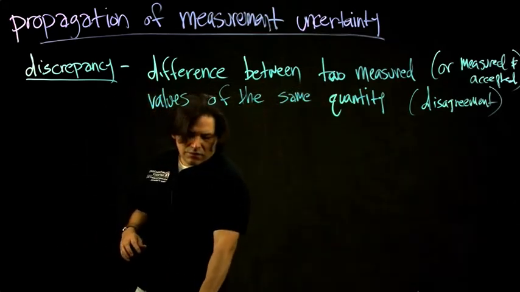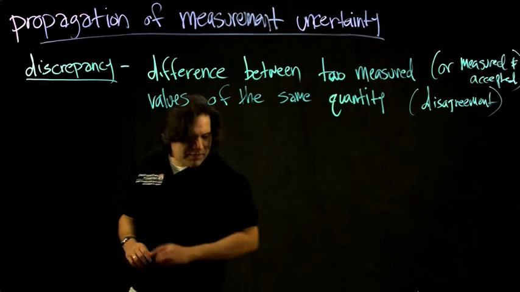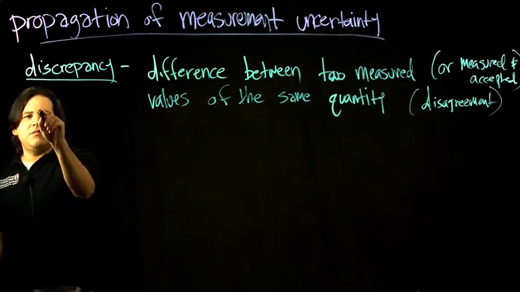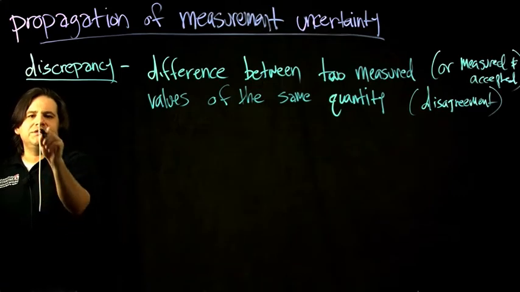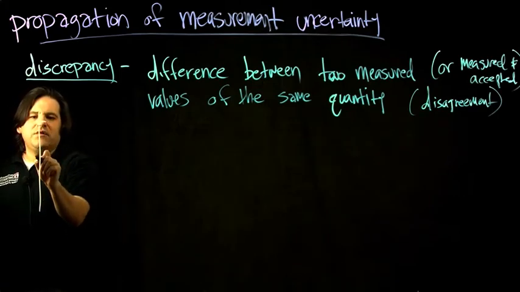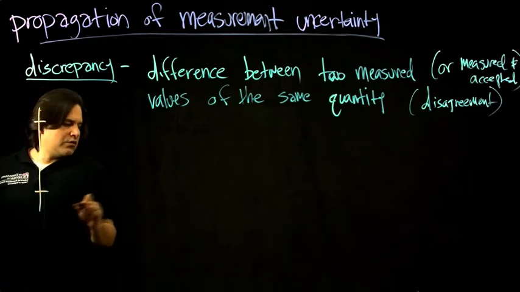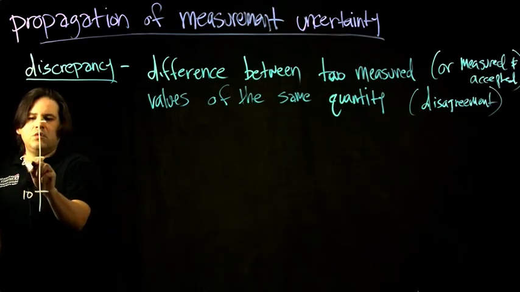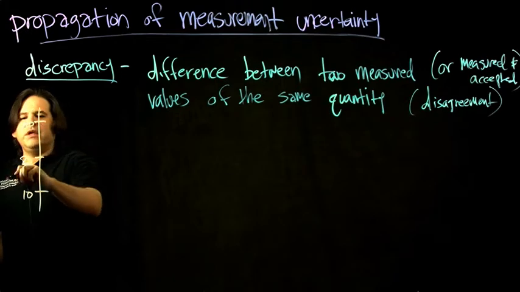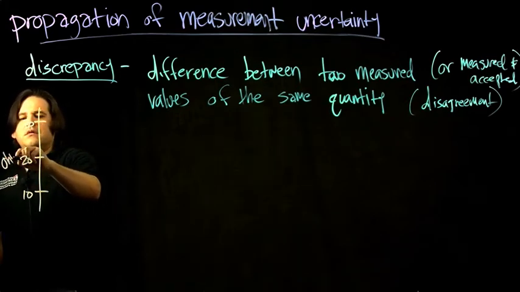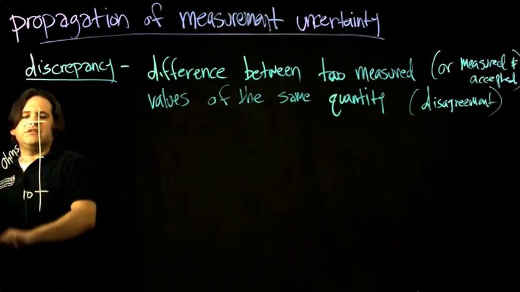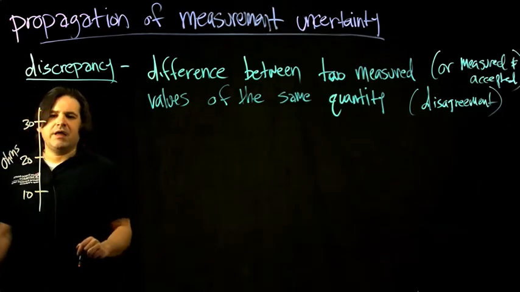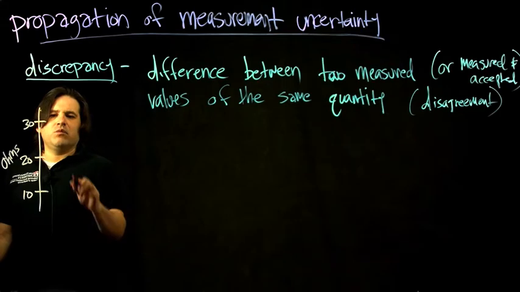You can think of many examples of that, but let's talk about measuring resistance. If you have an ohm meter, a resistance meter, let's say this ohm meter has a scale that you would read of resistance in the units of ohms.